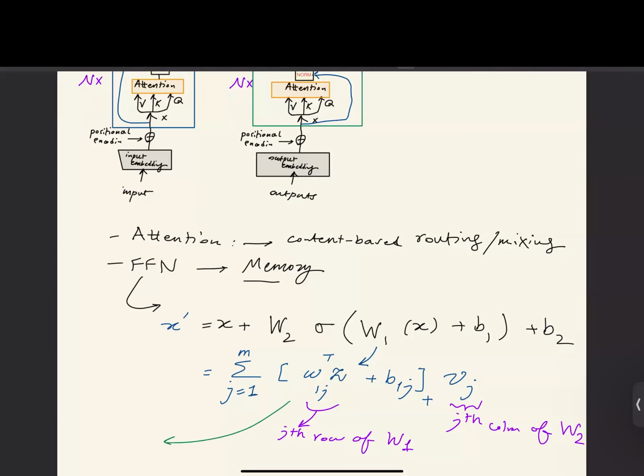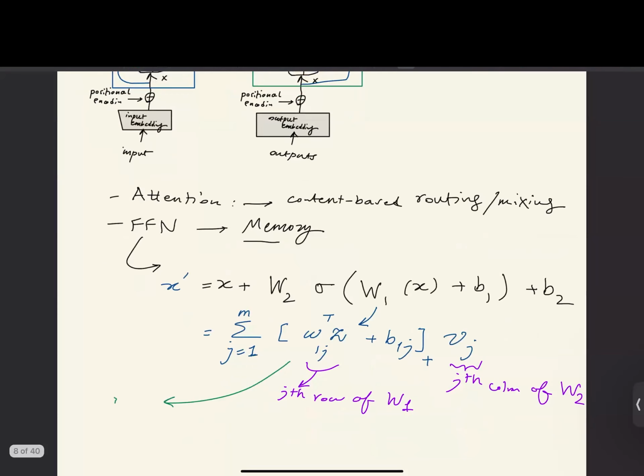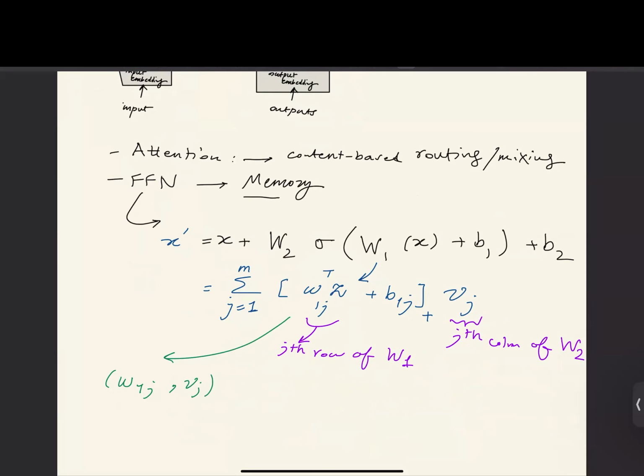So we can think of these pairs of W1j and Vj as storing the association between context and next token. Many such pairs superpose, yielding a sparse distributed memory.